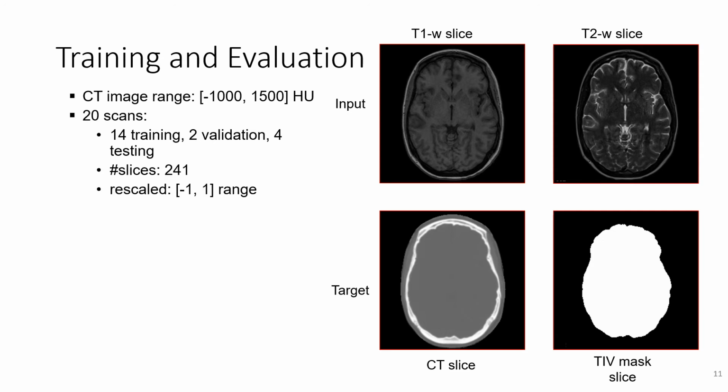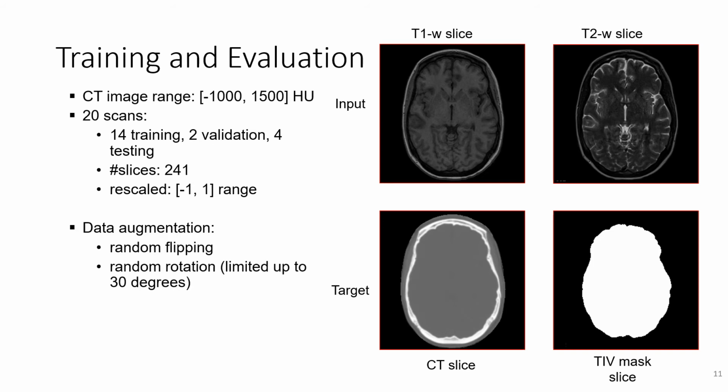The scans have been normalized within the range of -1 to 1, and each scan consists of 241 slices. During training, we applied data augmentation techniques such as random flipping and random rotation to the 2D slices. During testing, no data augmentation was applied.